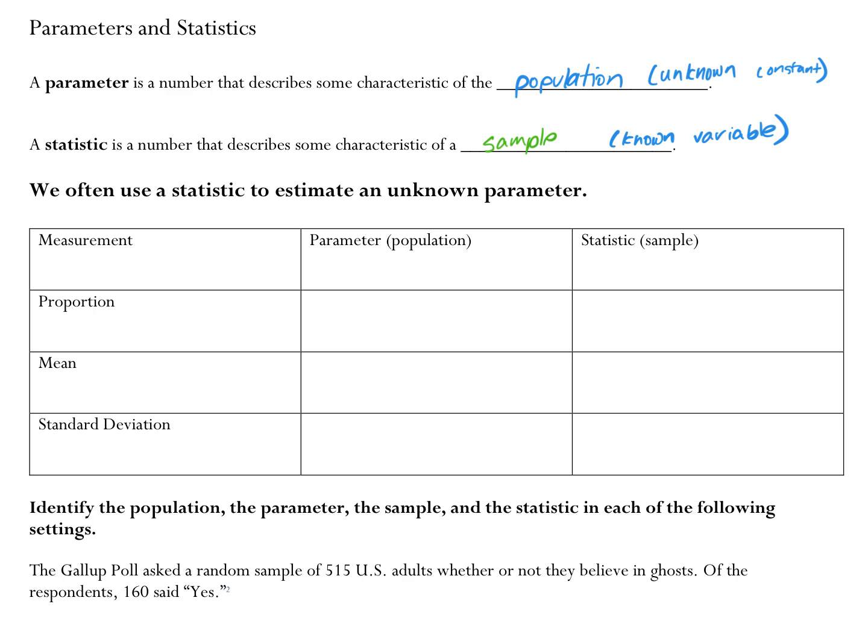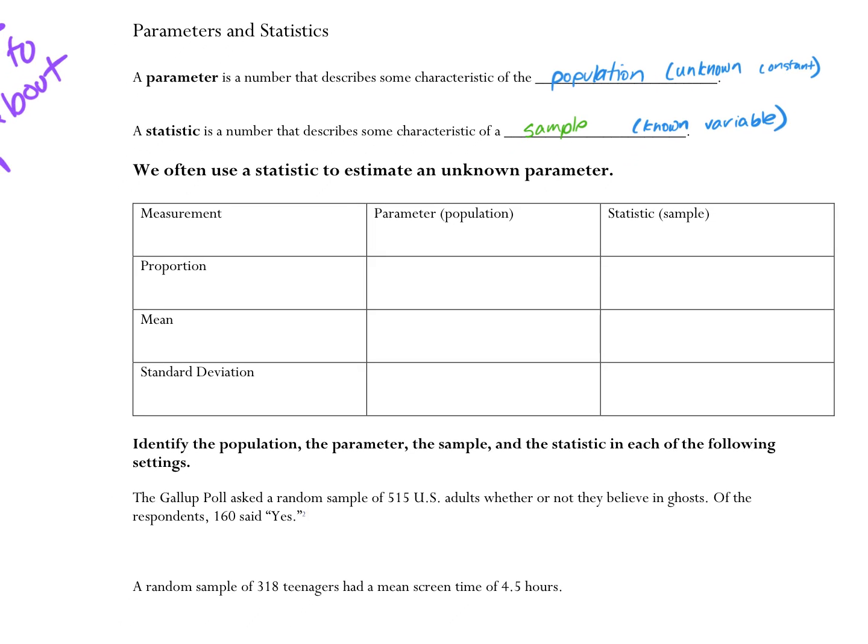We have been dealing with some of this already, but I'm going to formalize it now. Earlier someone asked what the symbol on our calculator was, and I said it was mu, a curly m, that describes the population mean. If I have a mean of the entire population, we call that mu.